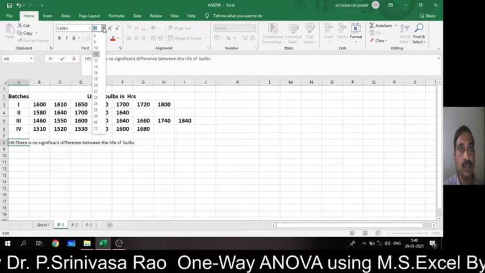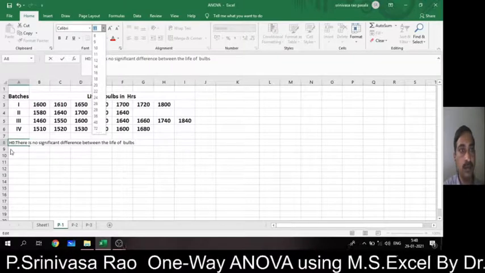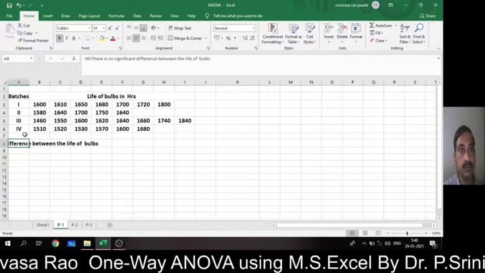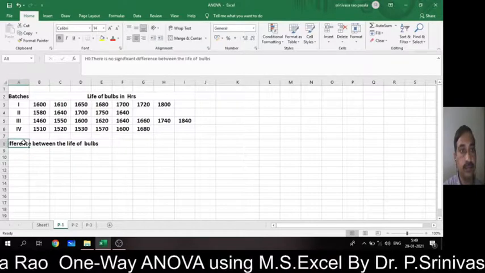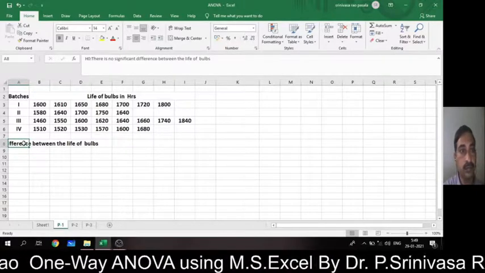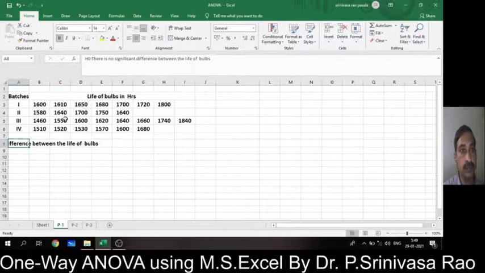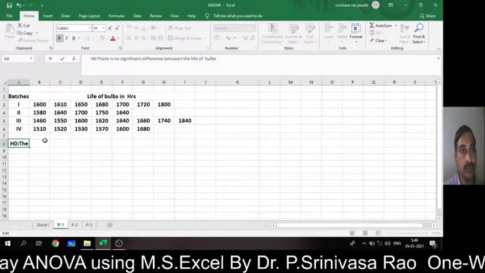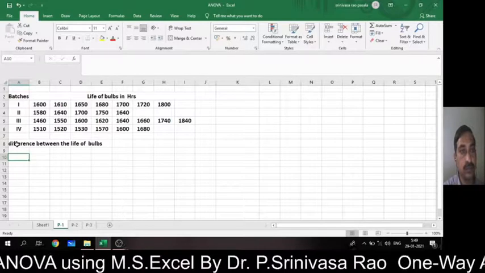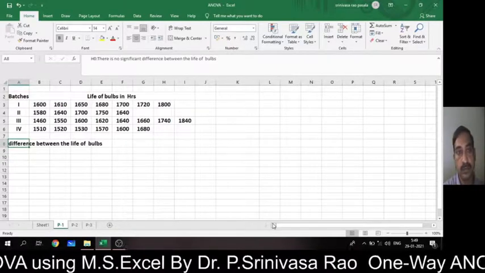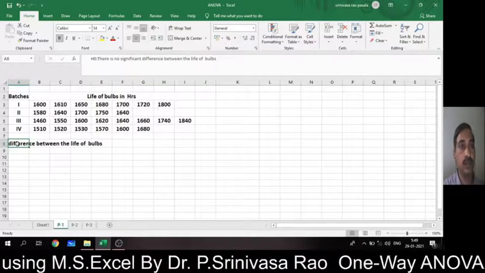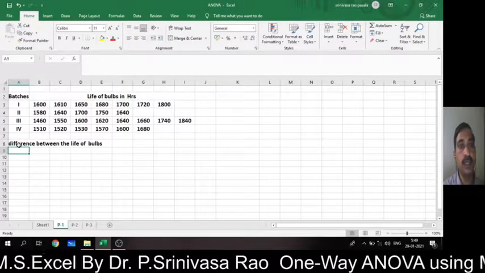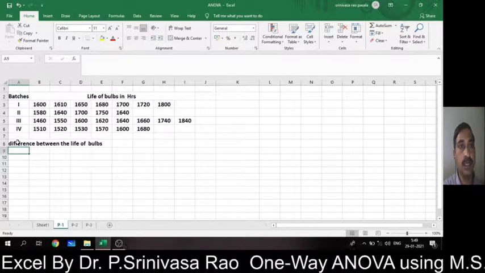I have to change the font. There is no significant difference between the lives of bulbs. So this is our null hypothesis.